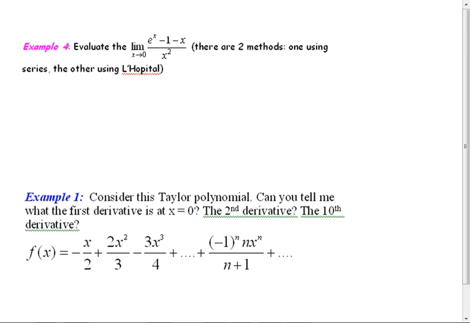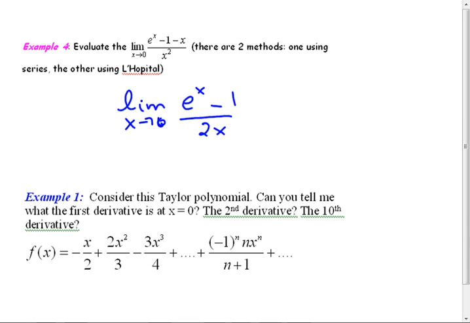Why? It's just 0 over 0. If you get 0 over 0, then you just take the derivative of the numerator and denominator. By the way, you could use a power series if you'd rather. L'Hopital says this is the limit. What's the derivative of e to the x? e to the x. Derivative of minus x is minus 1 over 2x. Now we put in 0.